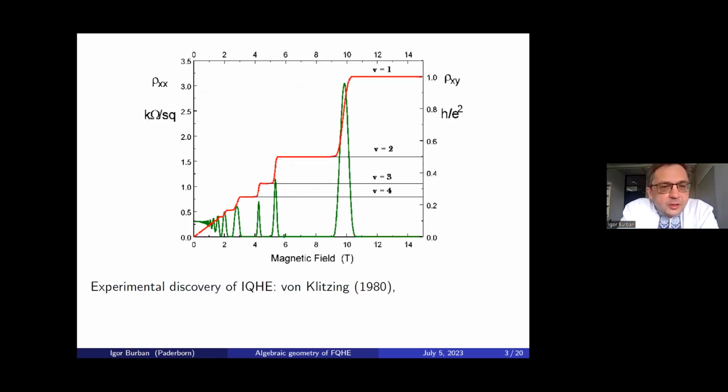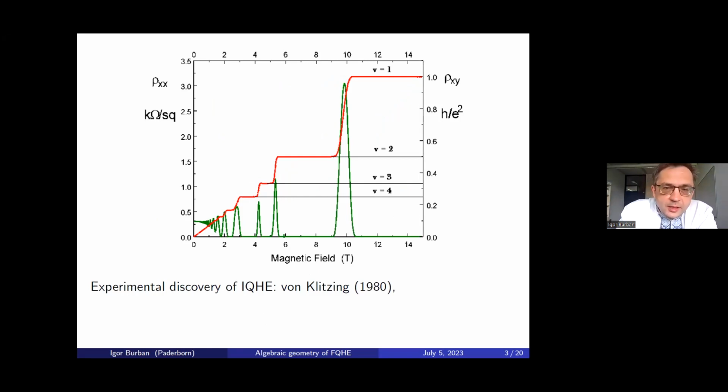It was a striking experimental discovery of the German physicist von Klitzing, who observed that at low temperatures, near 0 degrees Kelvin, and in the presence of a very strong magnetic field, the value of Hall conductance or Hall resistance is not arbitrary.